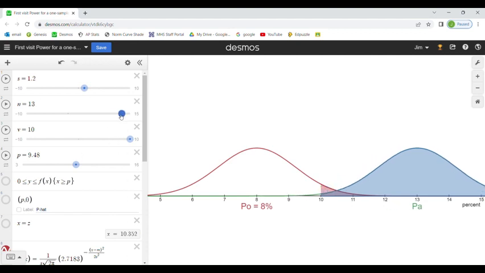And increasing the effect, how much difference there is between the hypothesized value and the alternative value, makes the power bigger as well. So the test is more powerful to detect a 13% blemish rate than a 9% blemish rate, because the difference between the alternative value and the hypothesized value is bigger at 13 than it was at 9.